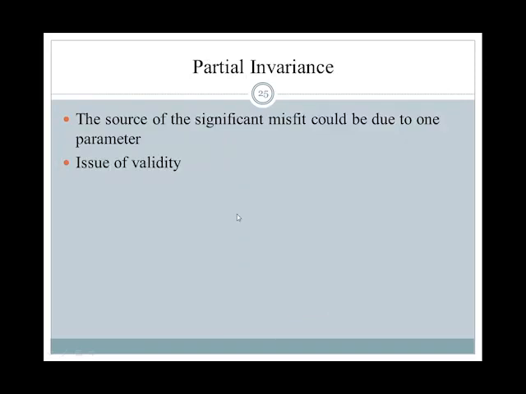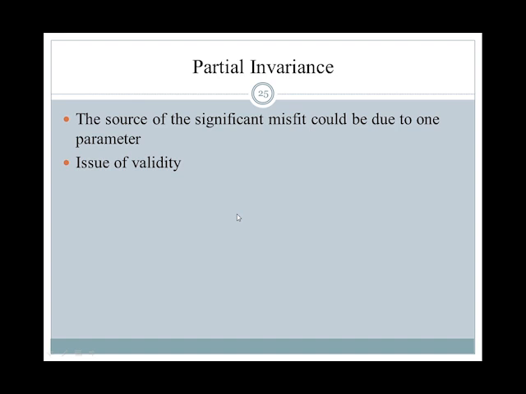So at any stage of this testing process, our chi-square difference test could be significant, indicating that one or more of our parameters differ by group. But which parameters? There's a whole literature on how to figure out which parameters are actually causing that misfit, but that's a whole other talk.